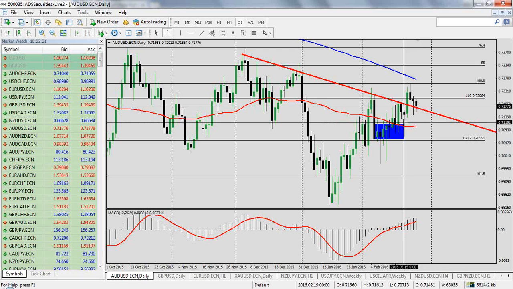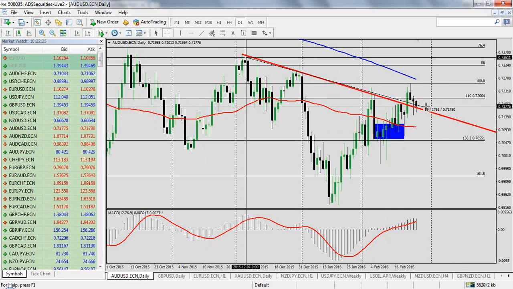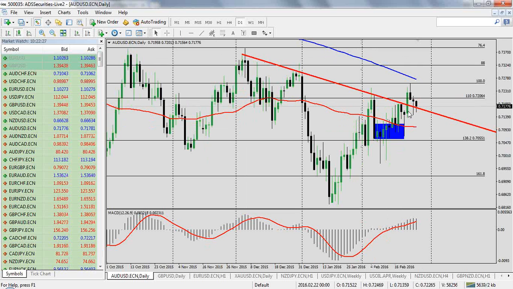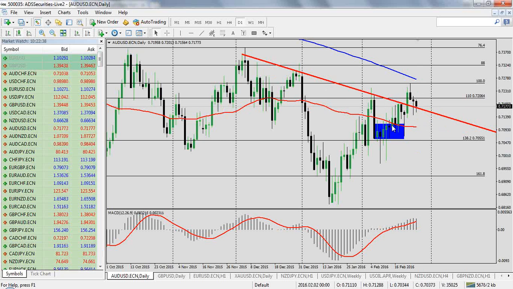So the pair obviously did reverse from that level, and we were looking for that trend line, the red one that you see, to confirm the resistance or possible break above. So far for today, we can see that the pair is already above that resistance line or trend line, and we are looking for possible entry levels.